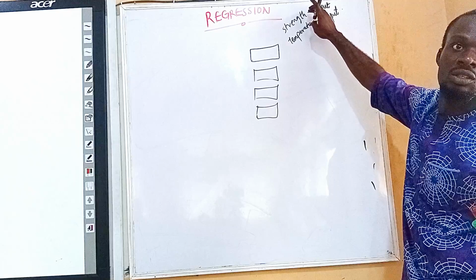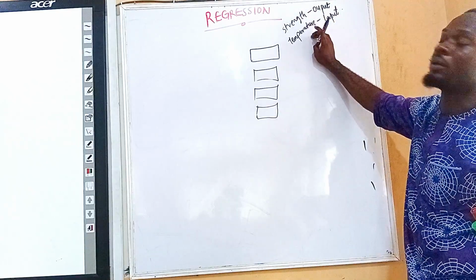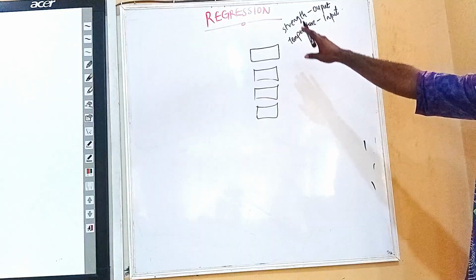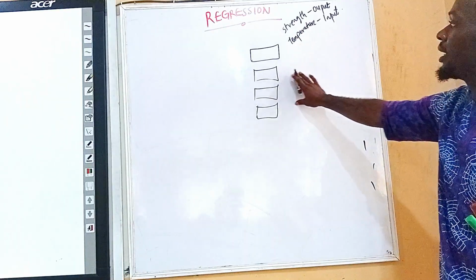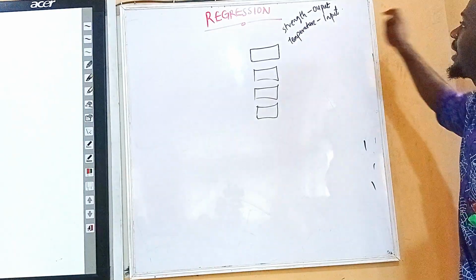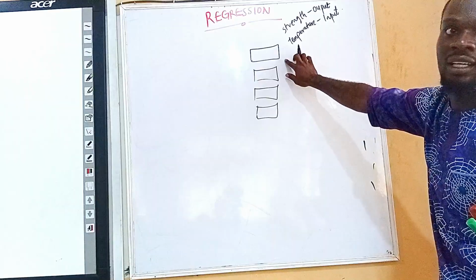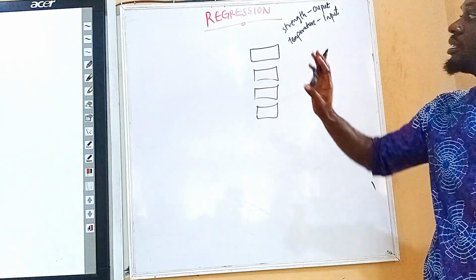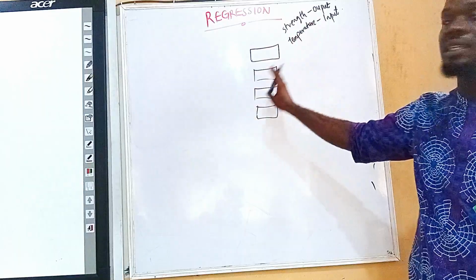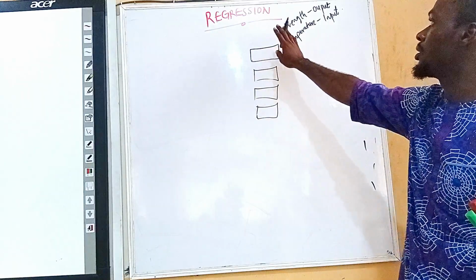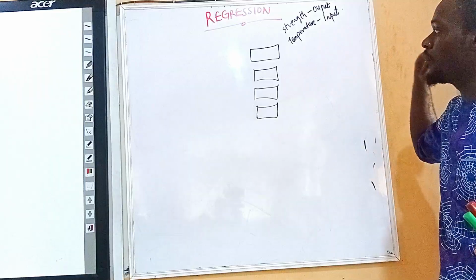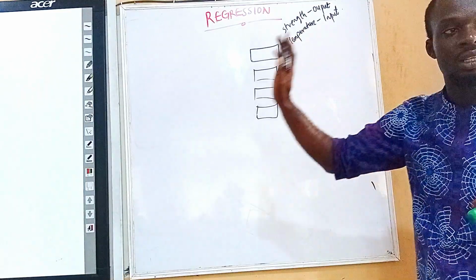The strength depends on the temperature. So in this regression, we are trying to build a model where we just insert the temperature of the material to give us the strength. That is the nitty-gritty of this topic. So we want to build a model. So for every material, once you put the temperature there, it gives you the strength.